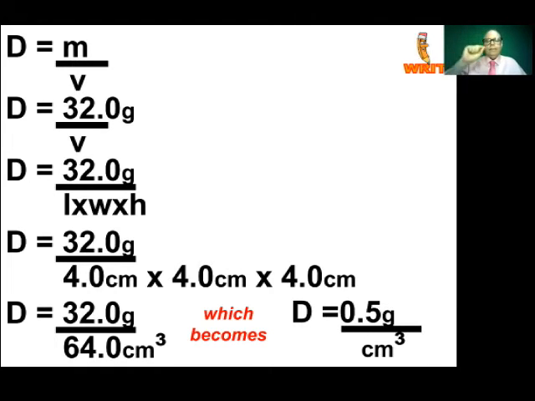It's G over cm3, and that's always going to be your unit. So when you do the math, you get 0.5, and then you must have the G over cm3, grams over centimeters cubed, because if you don't have that, you're not telling people it's density.